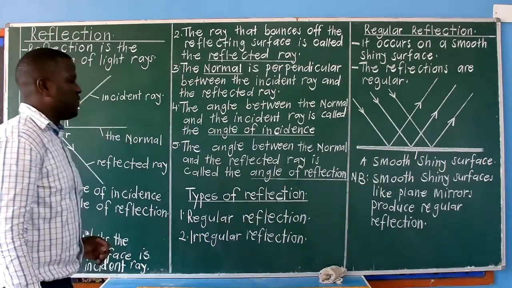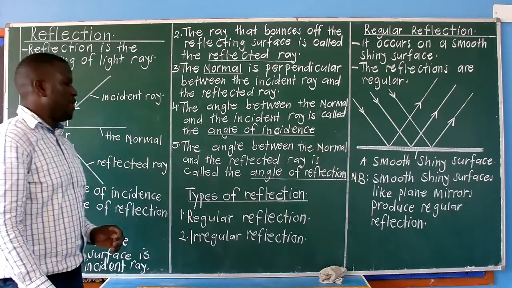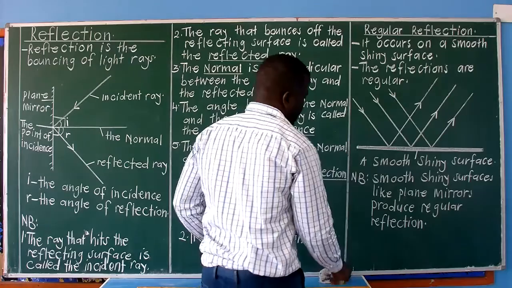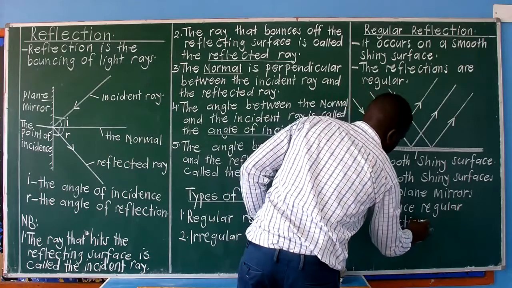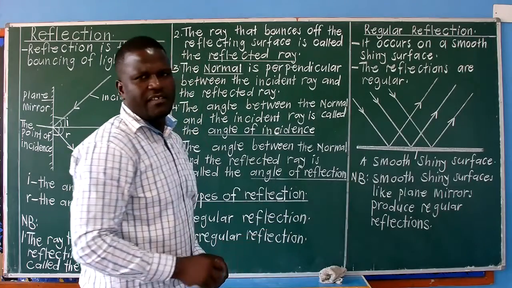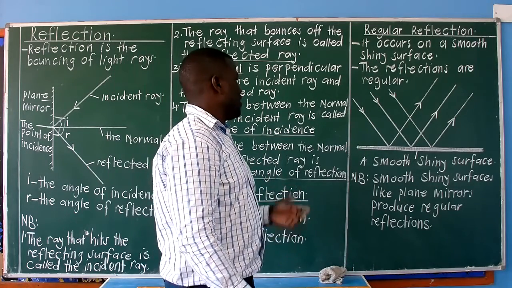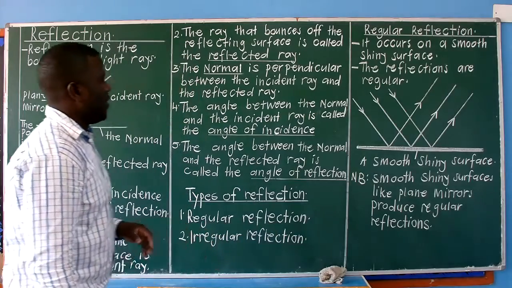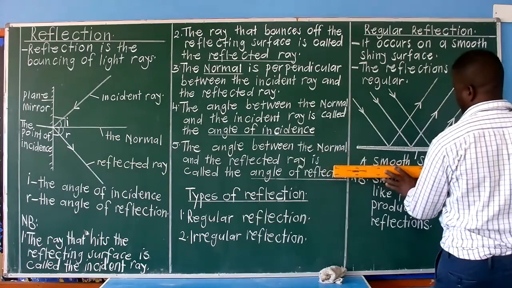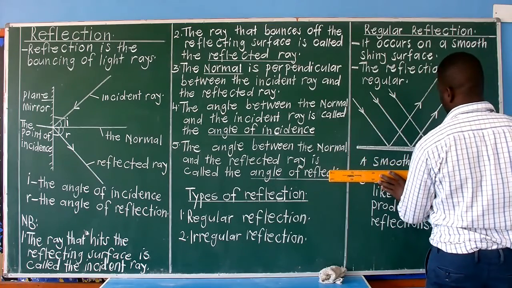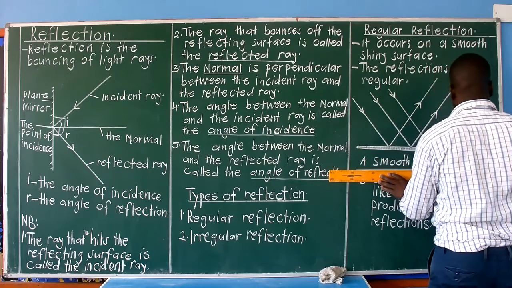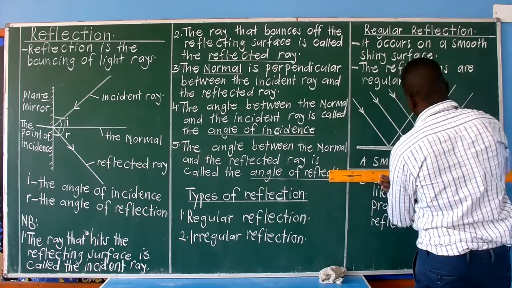I've given you an example of a smooth, shiny surface like a plain mirror. They produce regular reflections. It's as simple as that.